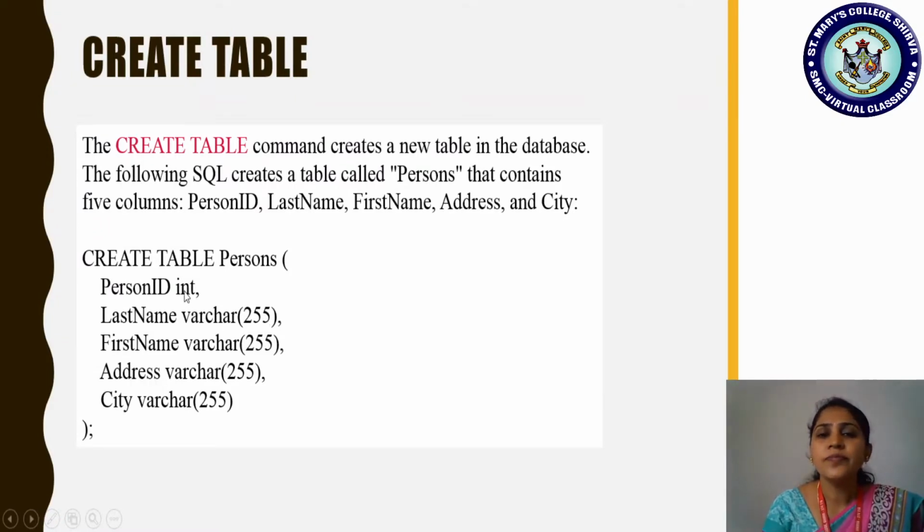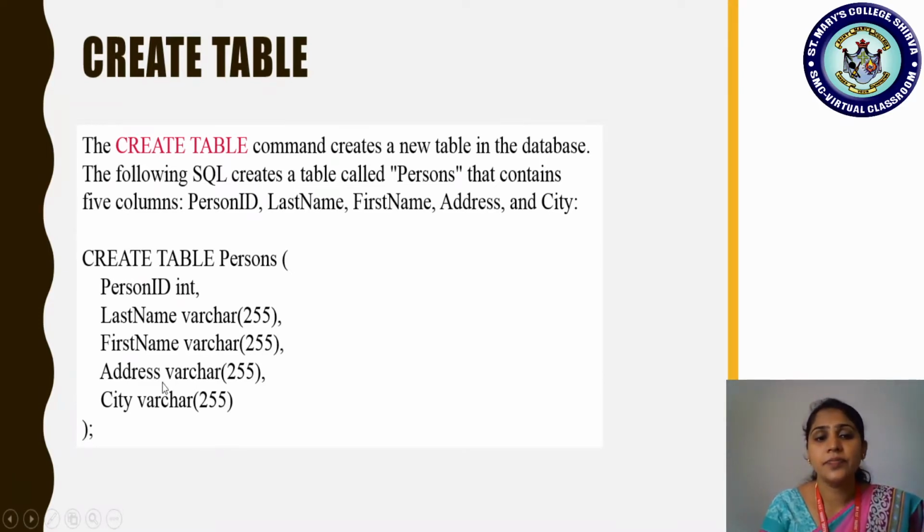For integer, we all know the maximum capacity or length it can hold is 2 bytes, standard. So that will be considered here. First name varchar. Here also the maximum size is chosen, that is 255 characters. You can mention less than this.